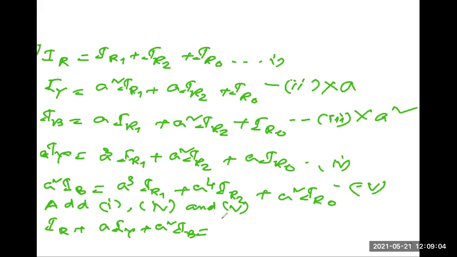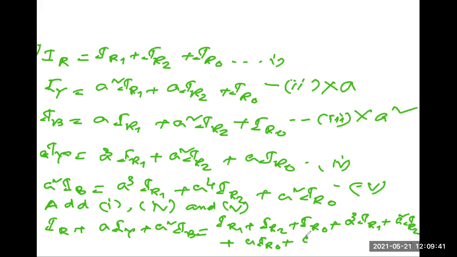So this will be IR1 plus IR2 plus IR0, plus A into IY, which will be A cube into IR1 plus A square into IR2 plus A into IR0, plus A cube into IR1 plus A to the power 4 into IR2 plus A square IR0.